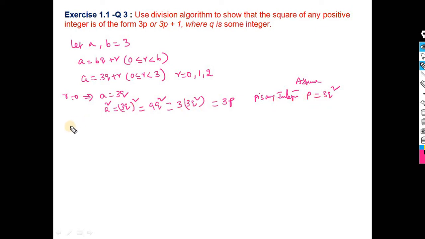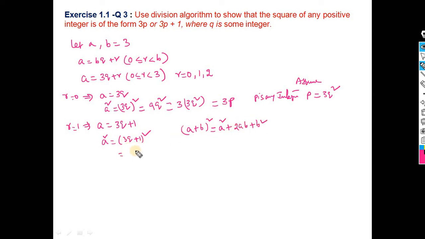Again, for r equal to 1, a is equal to 3q plus 1. When I square this, it is 3q plus 1 whole square, in the form of a plus b whole square. The formula is a square plus 2ab plus b square.